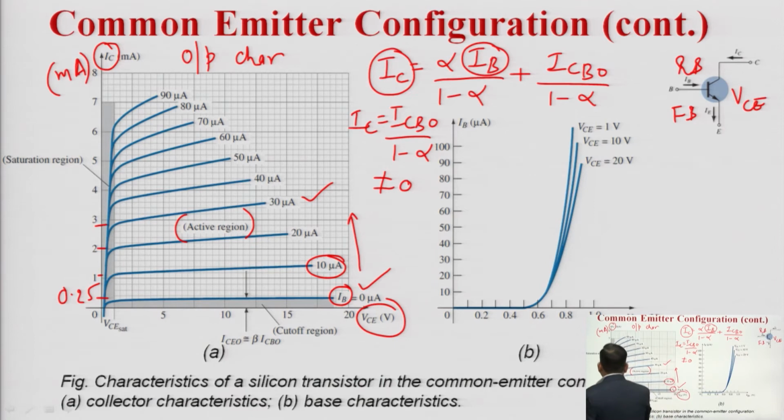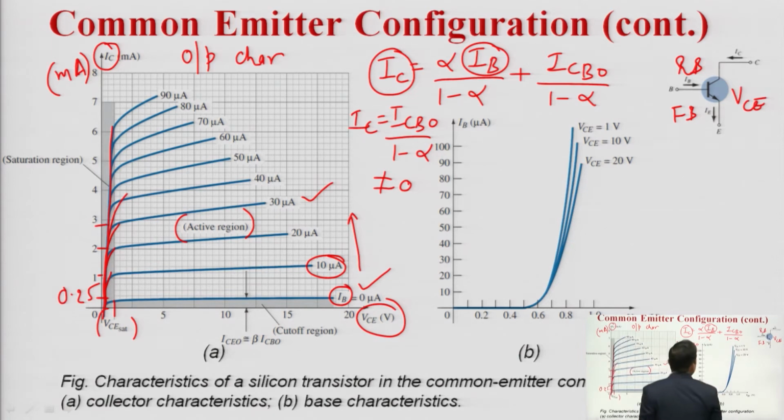We can see the behavior: this is the VCE saturation voltage, and before this the current increases sharply, something like this. So, when both the junctions are forward biased, the collector base junction and the emitter base junction, this mode is known as saturation mode.